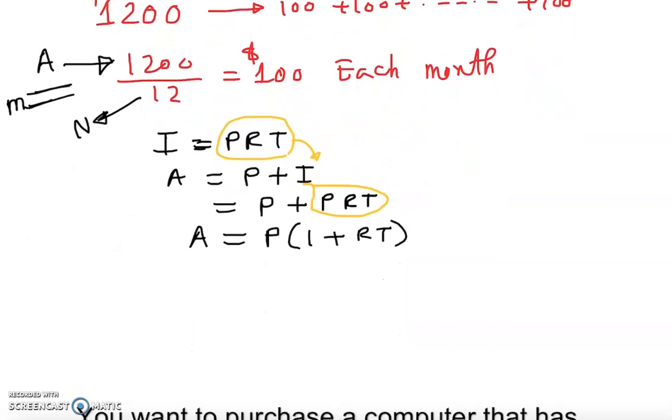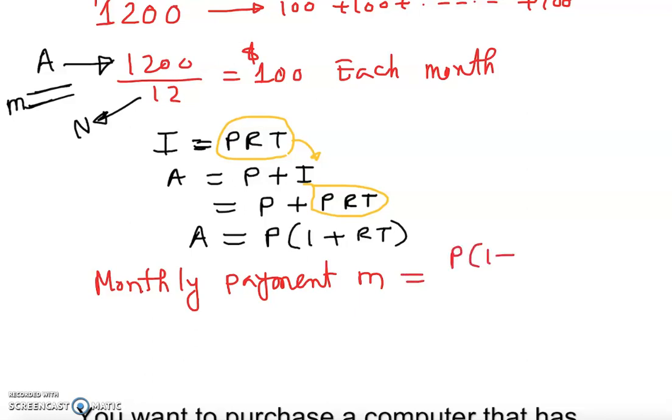So my monthly payment, which is M, is equal to P open parenthesis 1 plus RT close parenthesis over N. This N is the number of payments. Like if it is 5 years, 5 times 12 is 60 payments. So I can just use this formula to find my monthly payment.